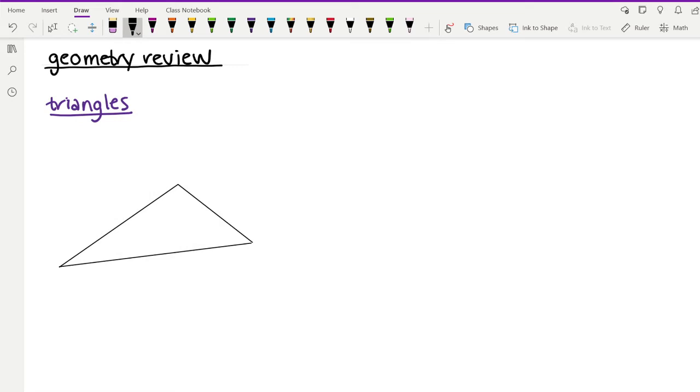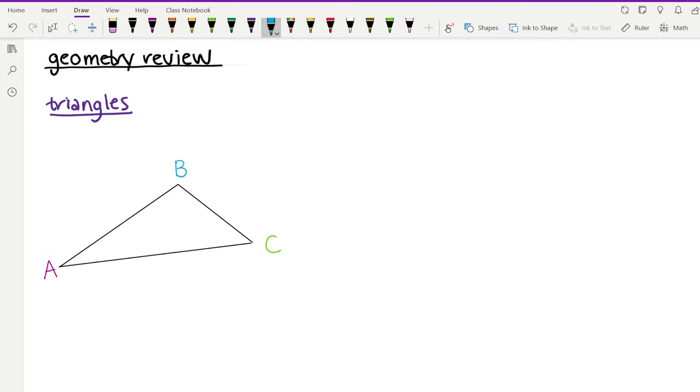A triangle, first of all, is a polygon, a shape like this with 3 sides and 3 angles. One way that triangles are frequently labeled, and we'll be doing this sometimes in this class, is that you'll use capital letters to label the 3 vertices or the 3 angles of the triangle. And then across from each of these angles, you'll use the lowercase of the same letter to label the side across from it.